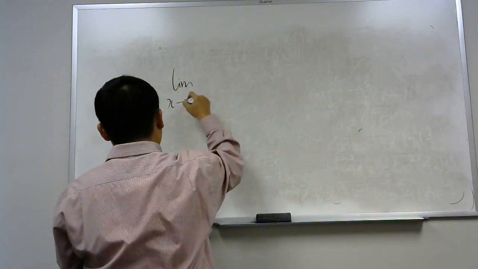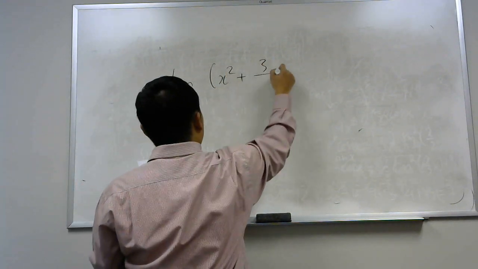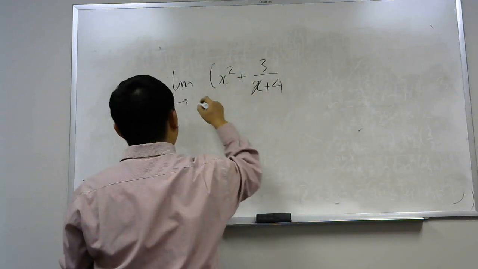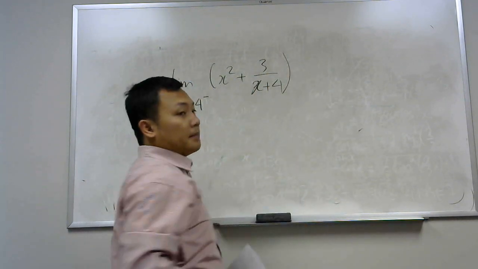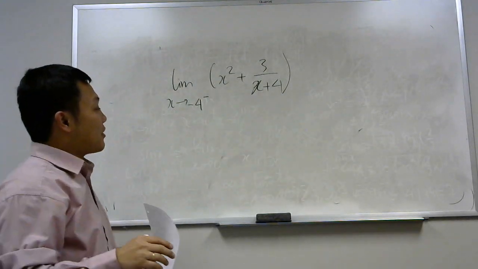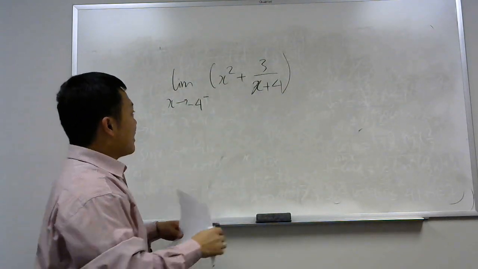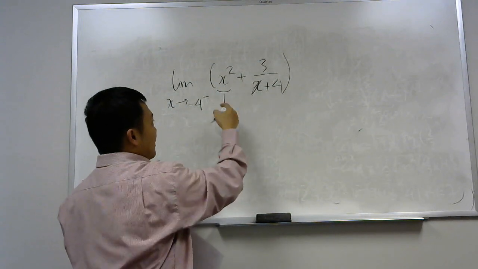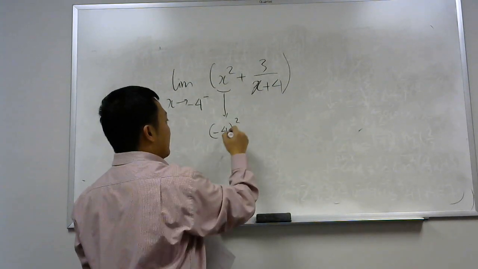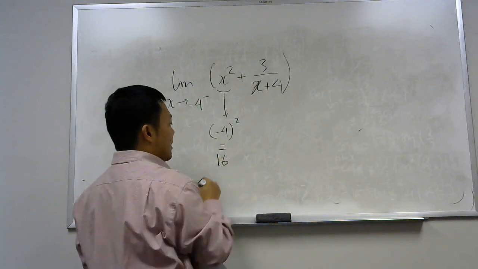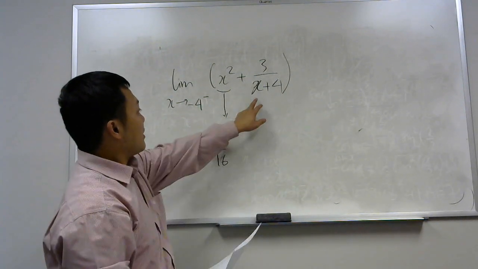Limit of x squared plus 3 over x plus 4 when x goes to negative 4 from the left. So see, in this case, we have sum of two functions. For the first function, everything is good because when you plug negative 4 into this, you get negative 4 squared, which is 16, right? But how about this?